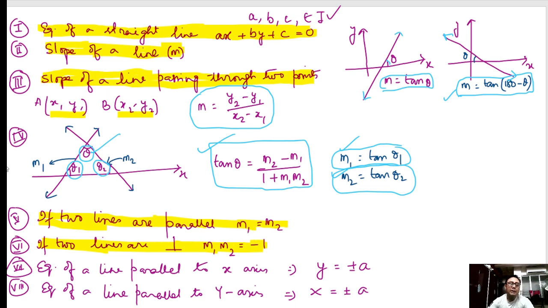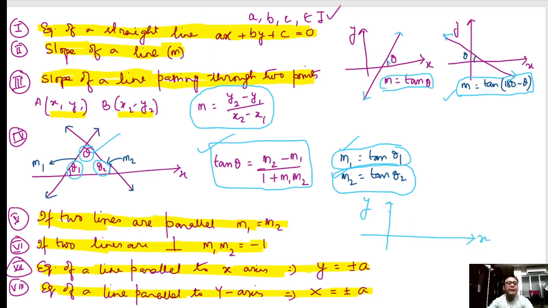Next is the equation of a line parallel to the x-axis, which should always be written as y = ±a, and the equation of a line parallel to the y-axis should be x = ±a. Suppose this is the coordinate system, y-axis and x-axis.